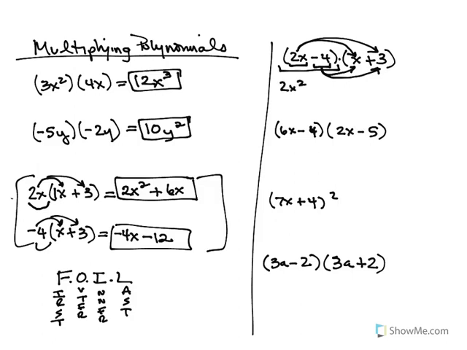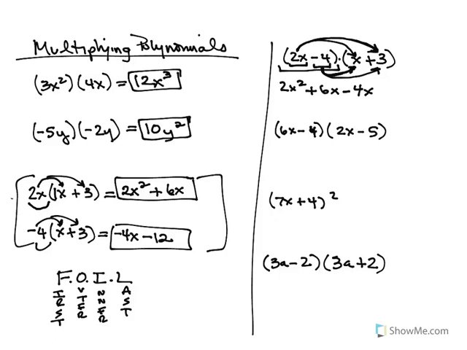Then we're taking outer, the 2x, multiplying to the outer term, so plus 3. So 2x times positive 3 is a positive 6x. Next, we're going to multiply inner. Well, the inner term, negative 4, is going to multiply to the x. So negative 4 times an x is a negative 4x.